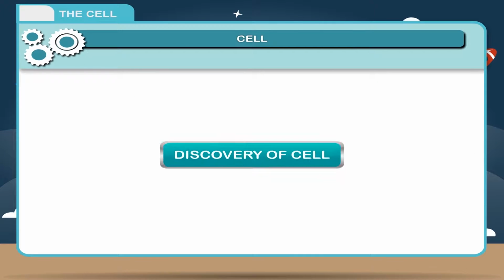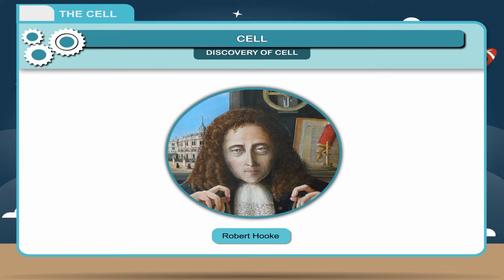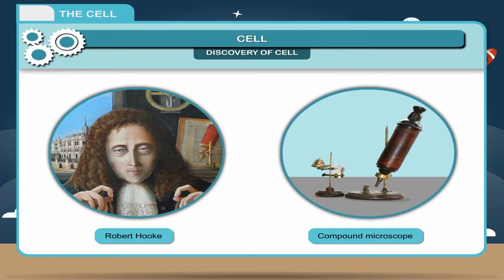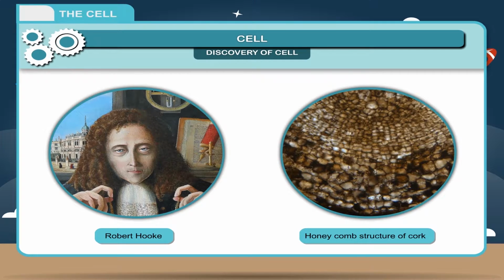Discovery of cell. Robert Hooke, 1665, first observed a thin section of cork under the compound microscope and found that the bottle cork was made up of many small empty boxes or cavities surrounded by definite walls. He named these honeycomb structures as cell.